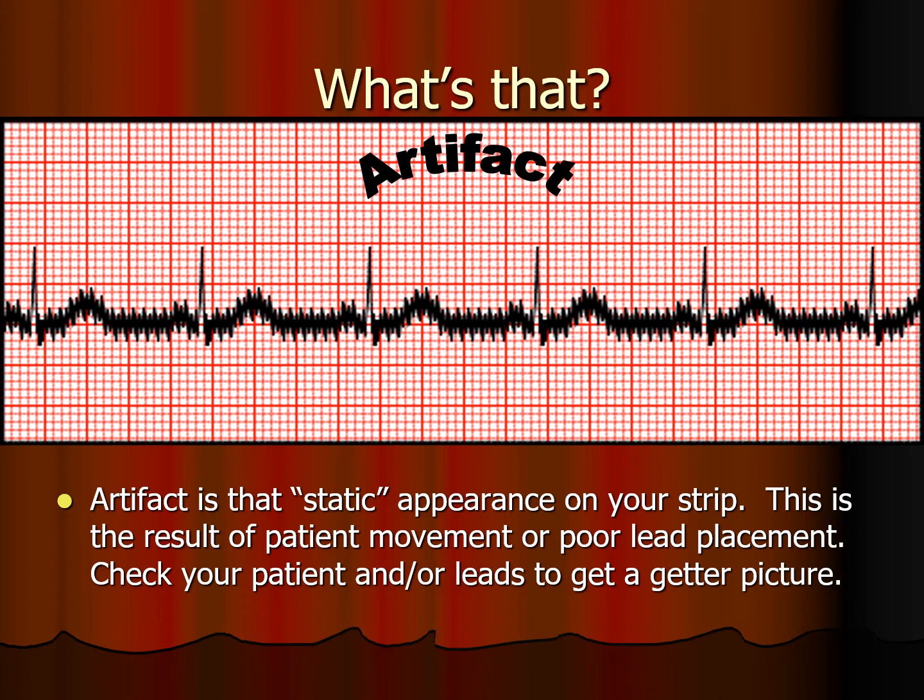Mapping our walk only works when the leads are in the right place, the patient's relatively still, right? And there's no other electrical interference going on. Remember, this is electrical signals we're measuring, and they're very small amounts of electricity. So if they're using their laptop or they're sitting near the remote, all that can cause a fuzzy picture, and that's artifact.